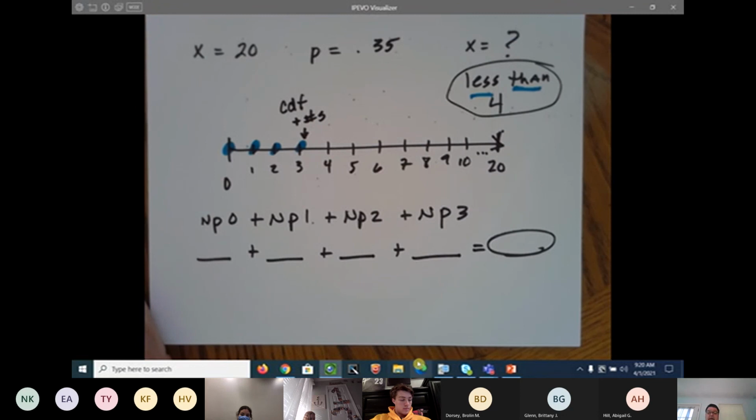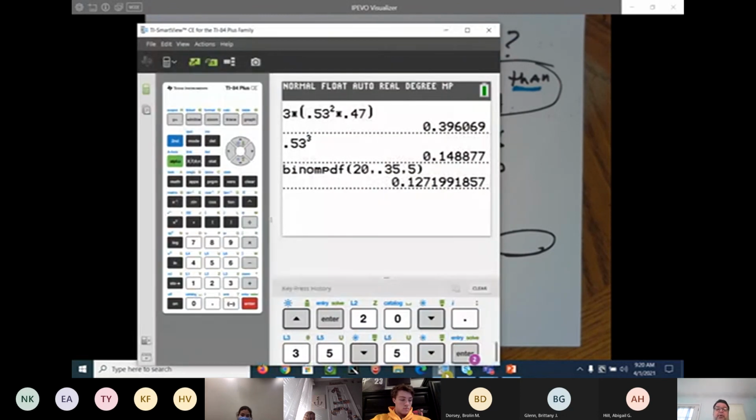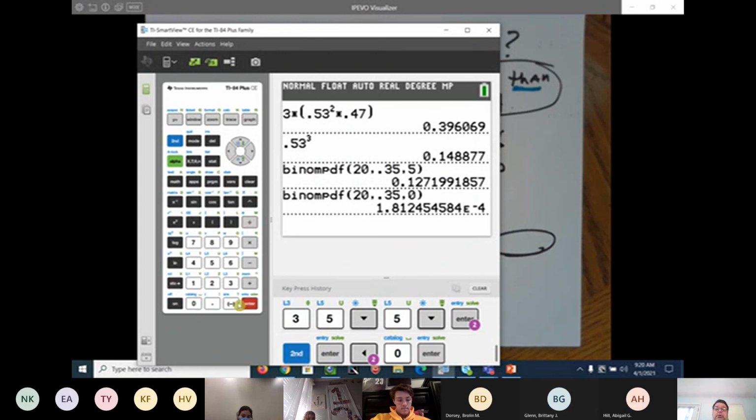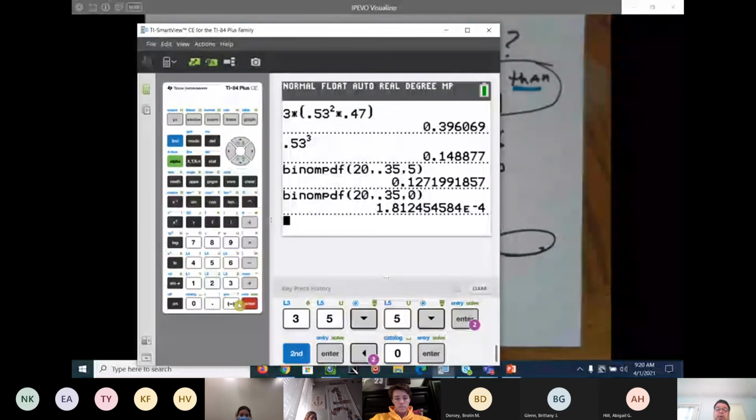Let's go ahead and I'm going to take my handy dandy calculator. And I'm going to show you a trick I learned in the war. Hit second entry, and all you got to do is change that to a 0. And that's 0.00018. I'm writing these down as I go along. Okay?